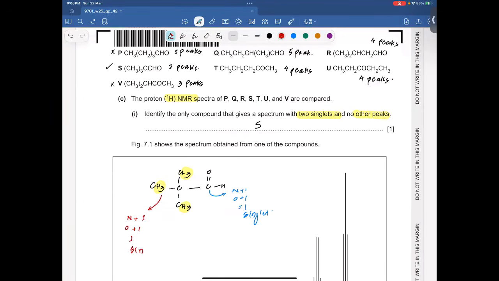That's going to be a singlet. So these are the two singlet peaks. I'm going to write here 0. 0 plus 1 is going to be 1. That's a singlet. So you are getting only 2 singlets from this compound. I hope it makes sense to you. And that's how you need to apply the n plus 1 rule on each and every compound here.